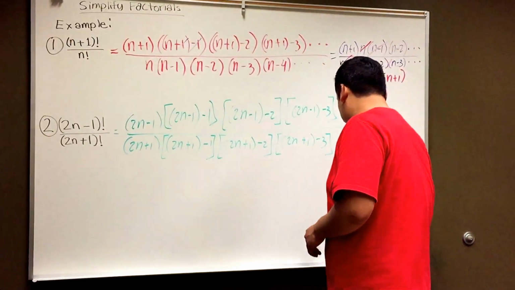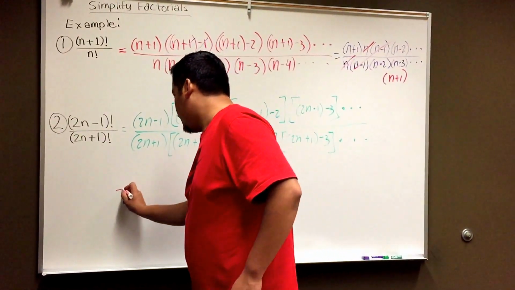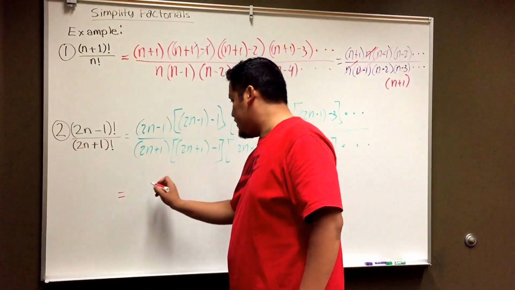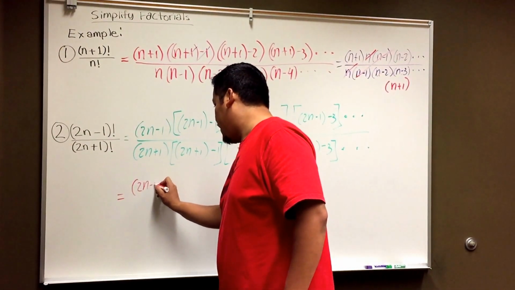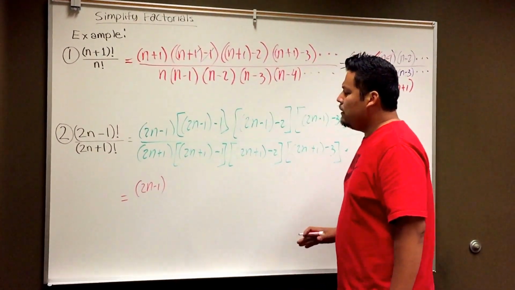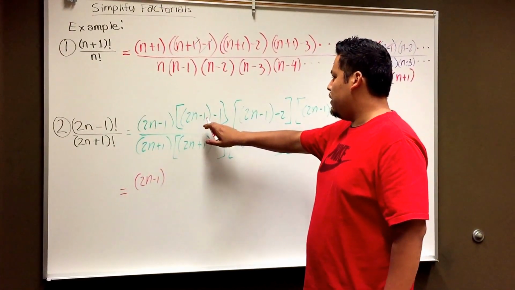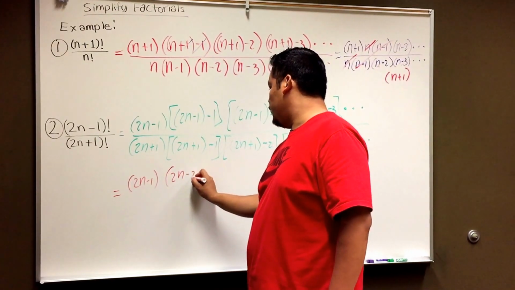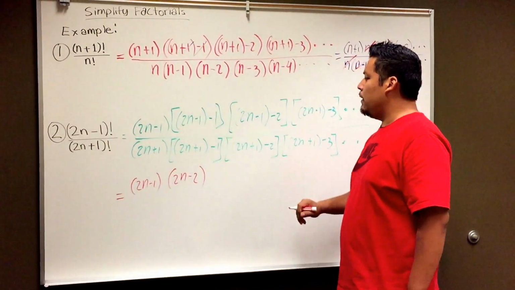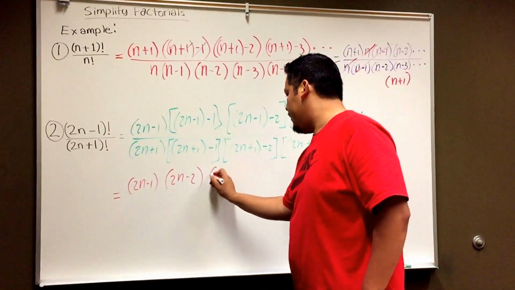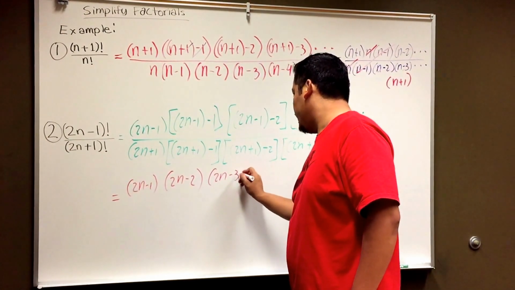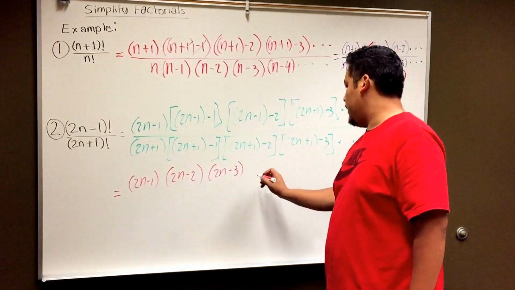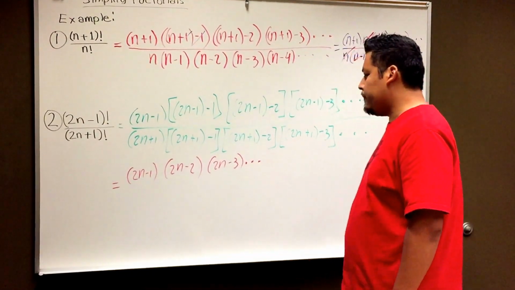So this is equal to, we get 2n minus 1. From here we have 2n minus 2. And then here we get a 2n minus 3. And it goes on and on.